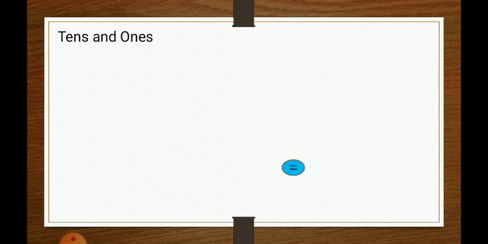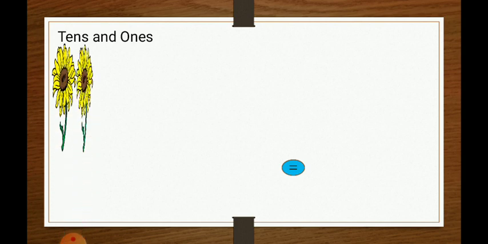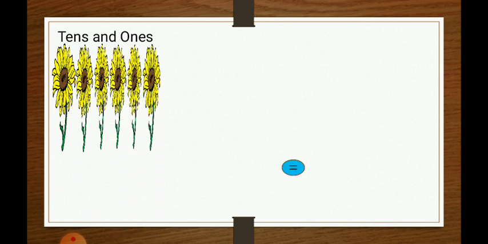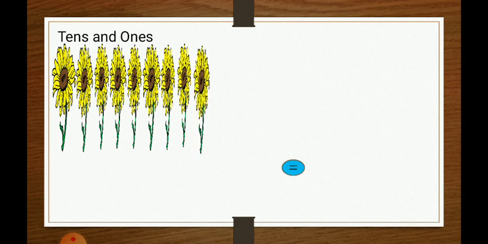So we will see here how many flowers there are. 1, 2, 3, 4, 5, 6, 7, 8 and 9. Here are 9 flowers.